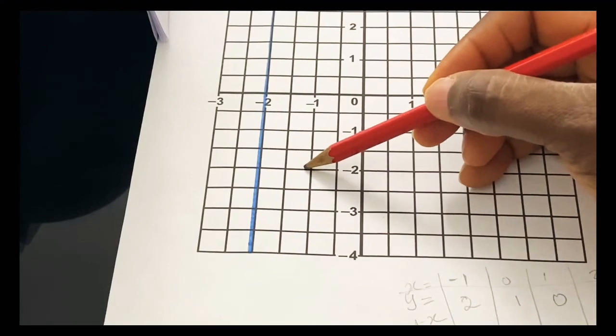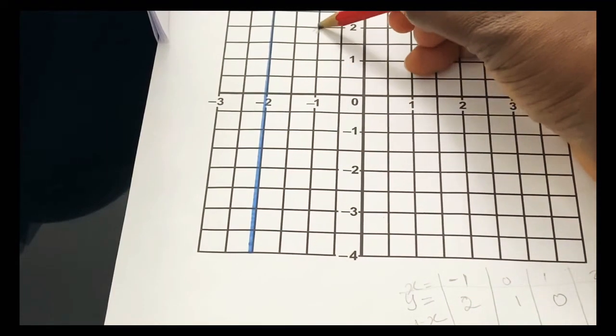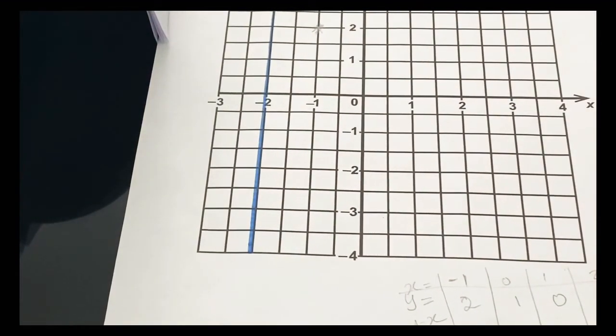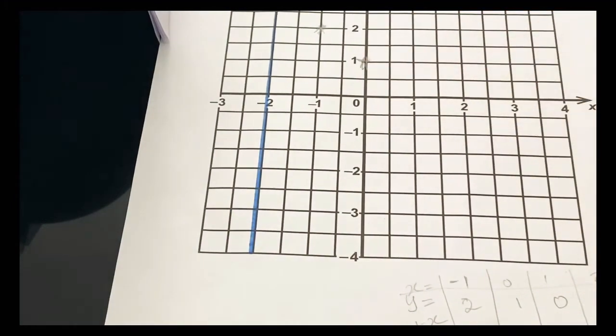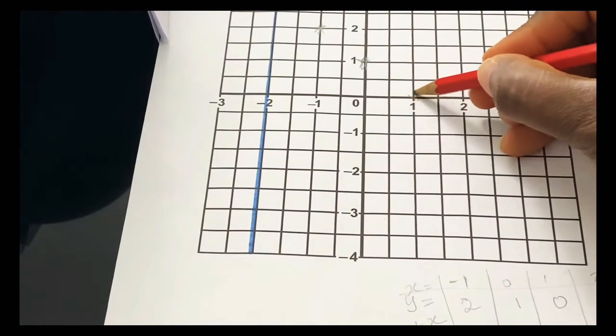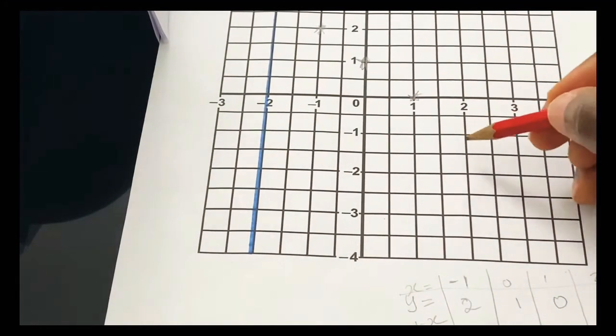So it's this one right here or up here. When x is 0, y is 1. When x is 1, y is 0. When x is 2, y is -2.